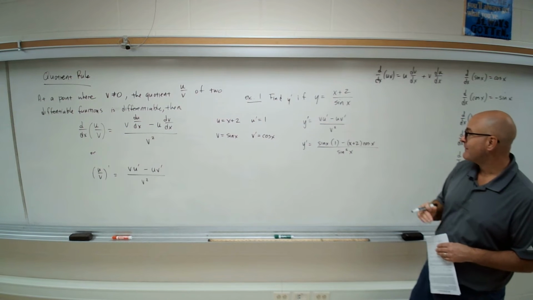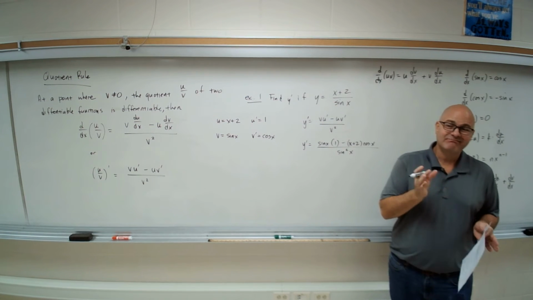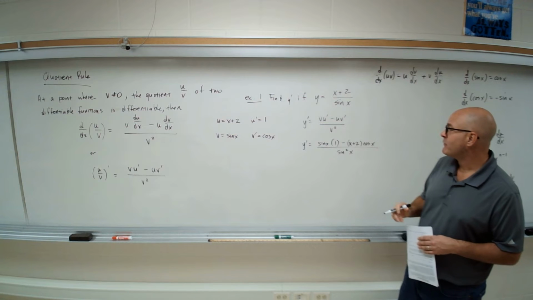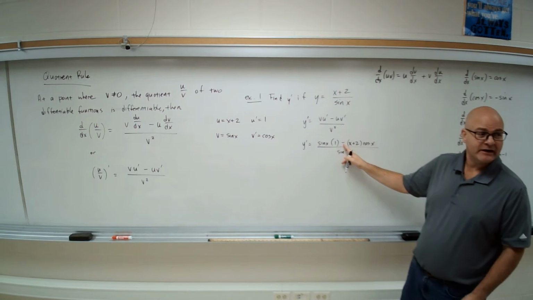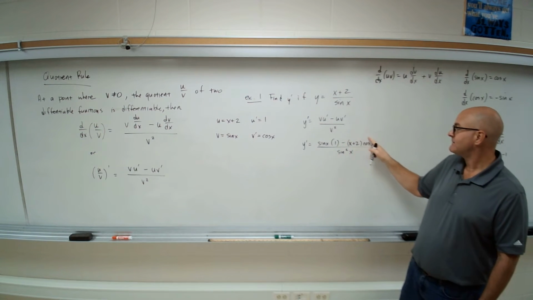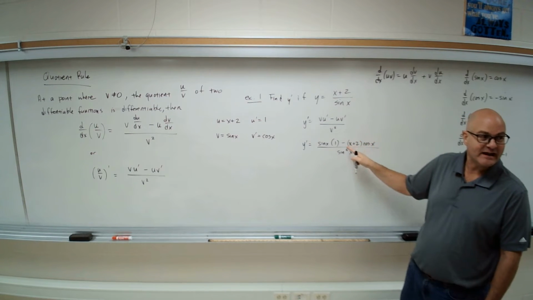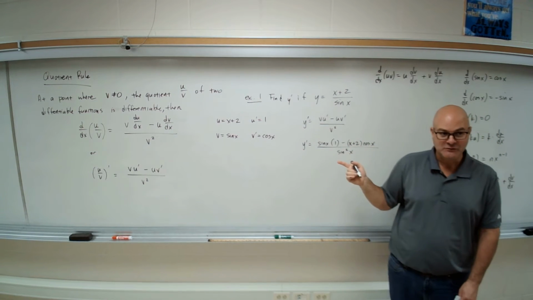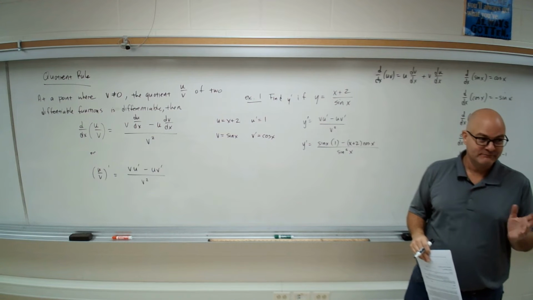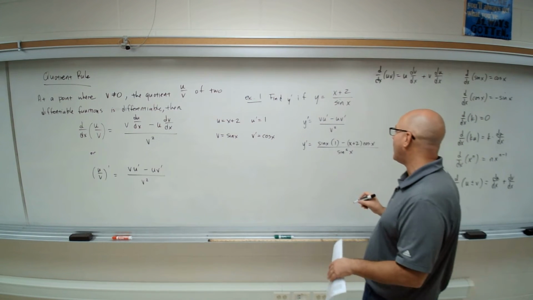Now, to finish this up, once you get here, it should be pretty good, but this negative here is going to get distributed. The x plus 2 gets distributed, and the negative goes with it. That negative will get you. That's the one to watch for.